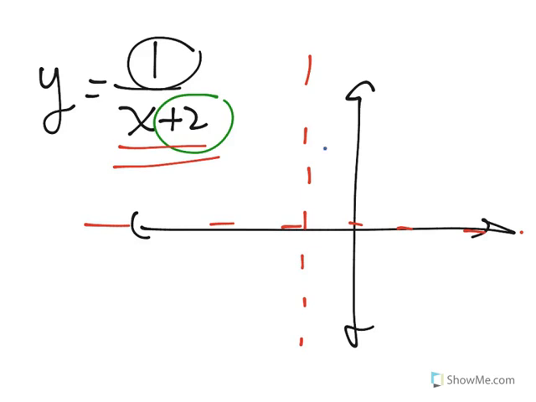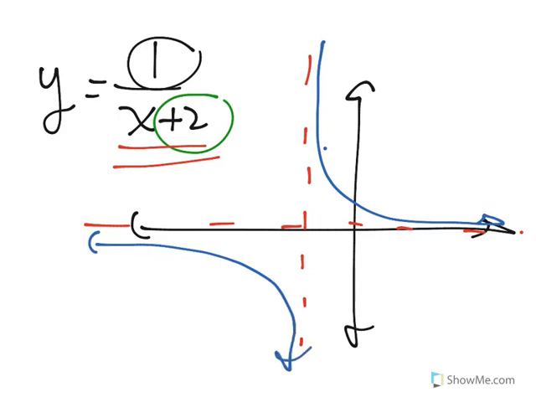And we end up with something that looks like that. It's a shifted hyperbola. One thing to notice is that these 2 points, which are officially called the vertices of the hyperbola, are 1 unit to the right and 1 unit up from the center, and the other one is 1 unit to the left and 1 unit down.